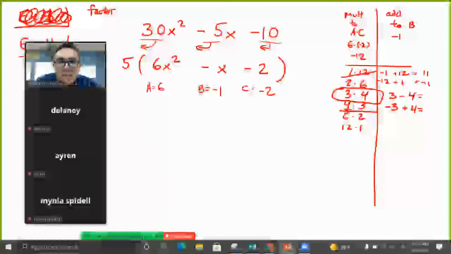If the 3 is negative, -3 plus 4, that's +1. Well, we want negative, so it has to be 3 minus 4. So +3 and -4.